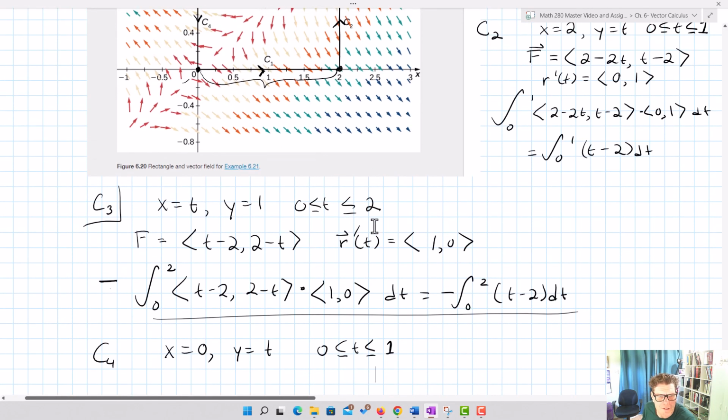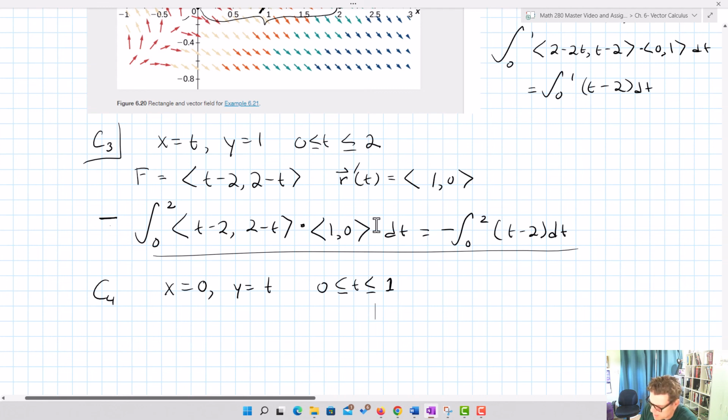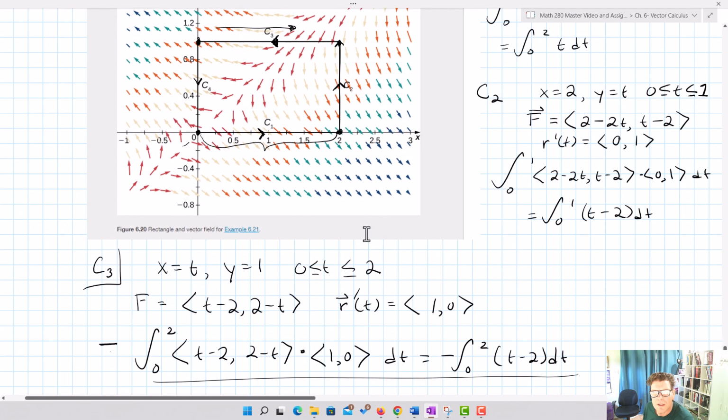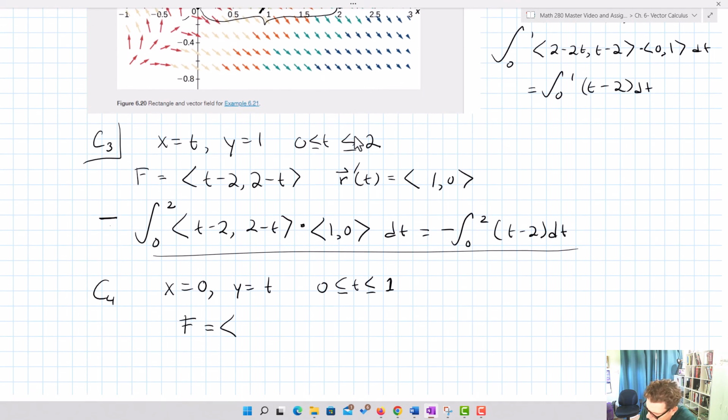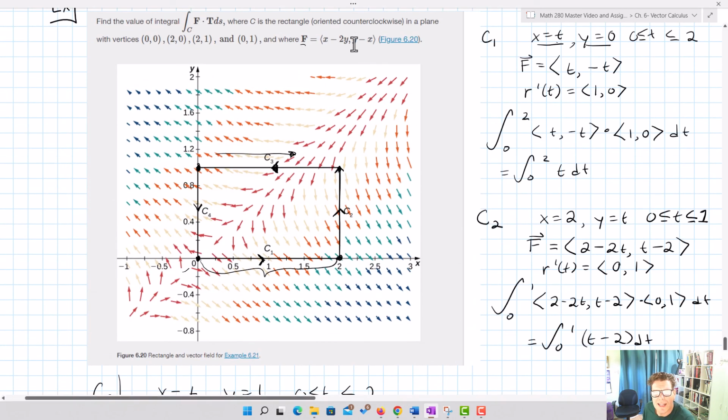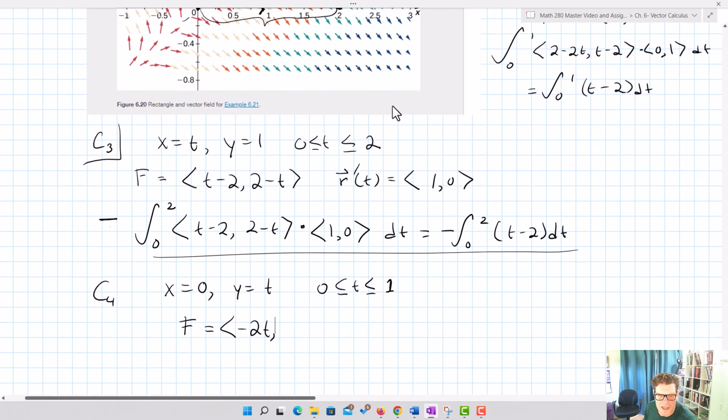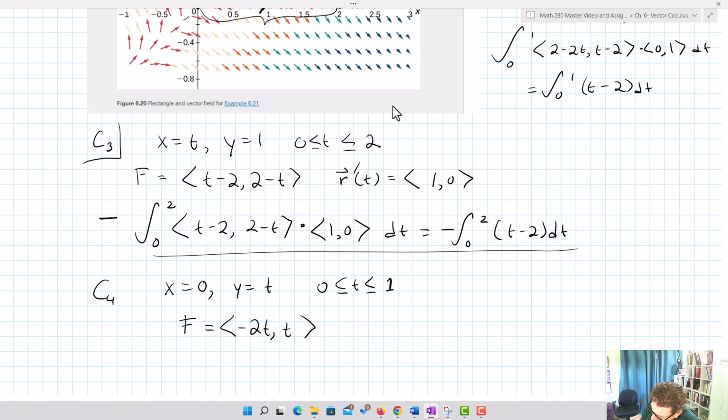And so then our force field is going to be F equals negative 2t comma t minus 0, or just t. And then r prime of t is just going to equal 0, 1.